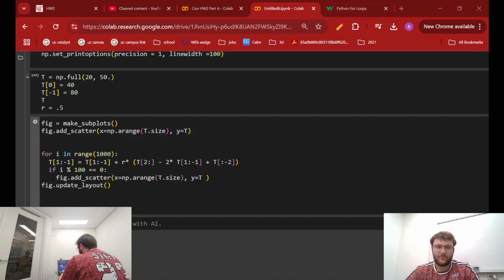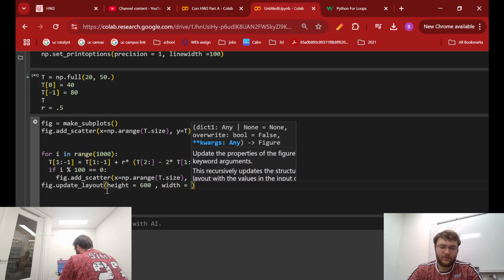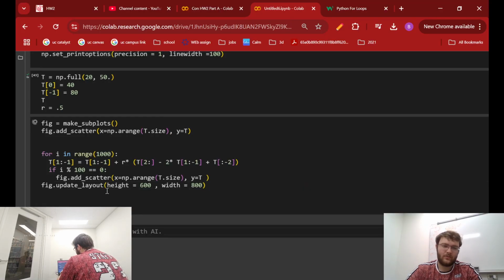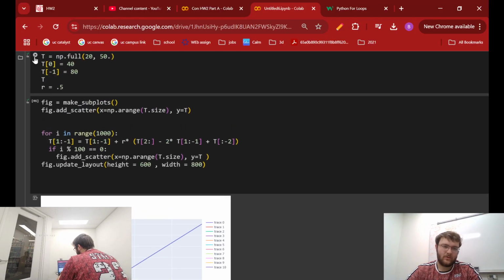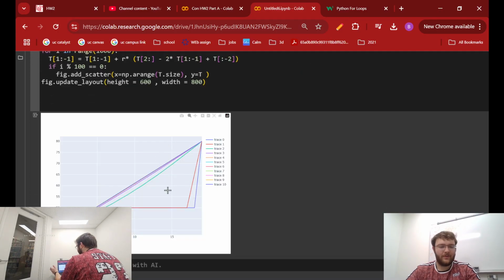Now it's full screen. Height, width, 100. If I refresh this, refresh this. Now we have what we're looking for.